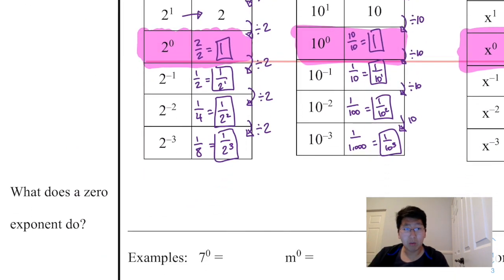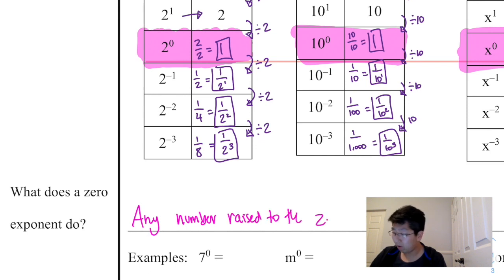Hopefully you're able to see, do this in pink, that any number raised to the 0 power is going to equal 1, because the number divided by the number is going to equal 1 all the time.